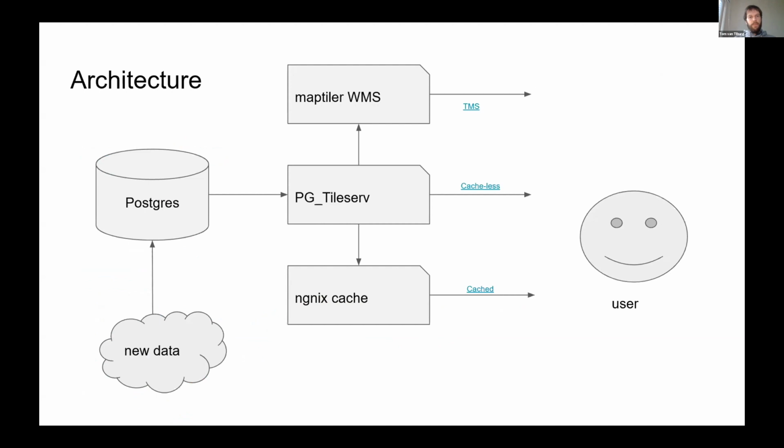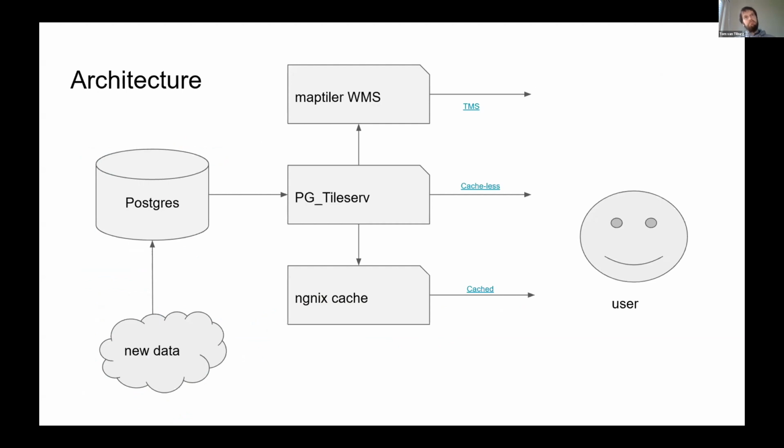So where are we now? We are with the following architecture, which is really, really simple. In the simplest way, you just have the PostGIS database where every week you load your new data. And on top of that, you have pgtileserv. pgtileserv itself, every time you request data from it, will query the database.